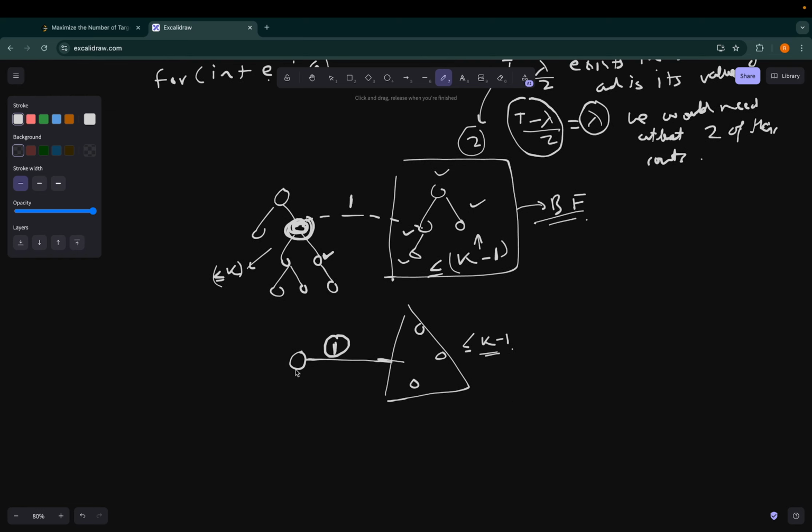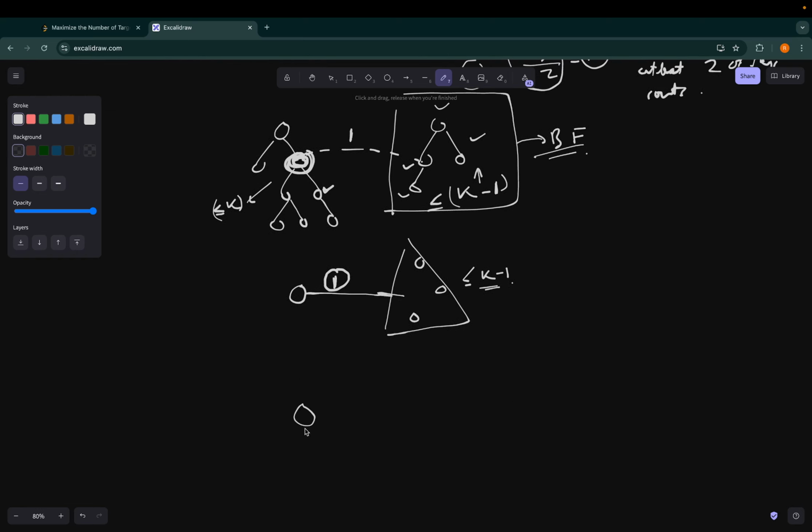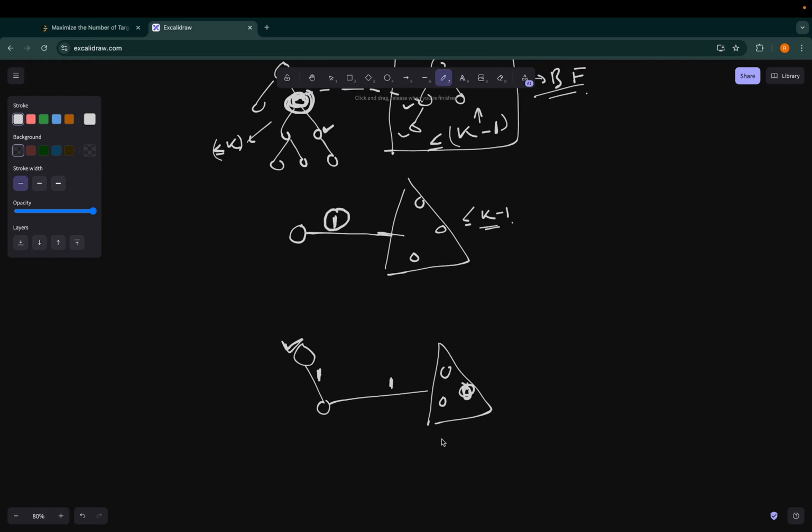And for example, let's say if I want to try to find the answer for this, but I connect this node to the other tree, so here what I'm saying is I'm increasing my distance by 1, right? And therefore here I want to find the number of nodes which are at a distance of less than or equal to k minus 2, right?